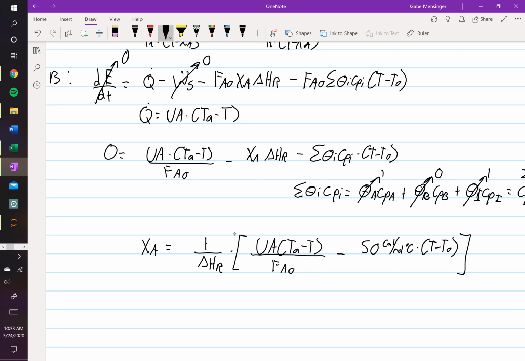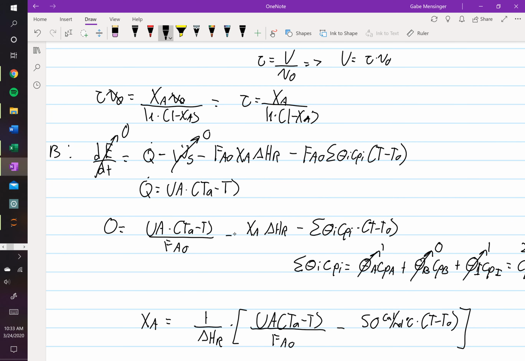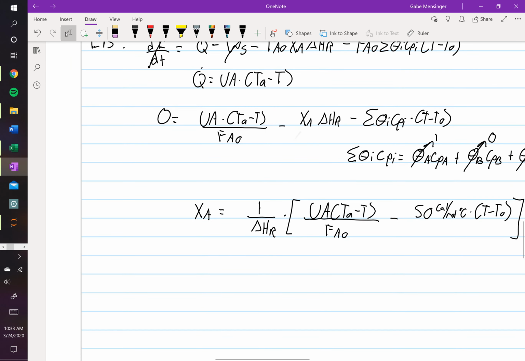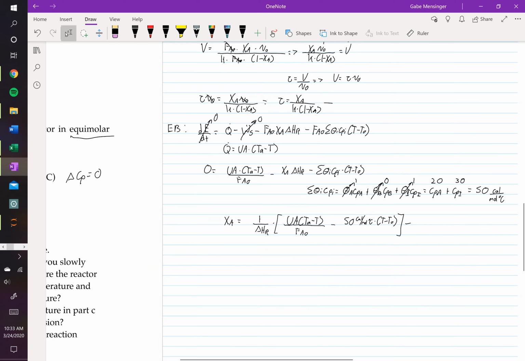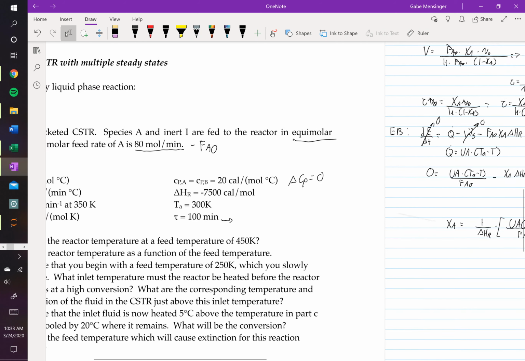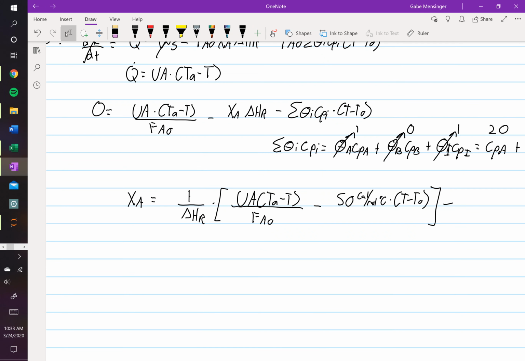All right, so now we have an expression for the energy balance and for the mass balance. And if you'll remember, we are trying to find the reactor temperature, so we're trying to find T at T0. We know T0, we don't know T. In order to get T, we have to find the conversion as well, because they go hand in hand with one another.